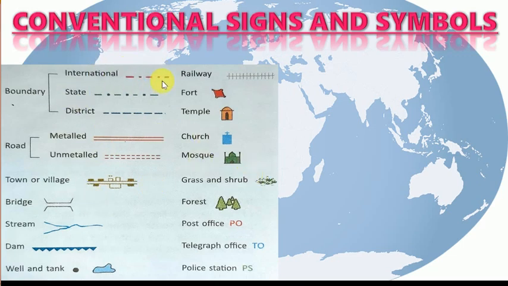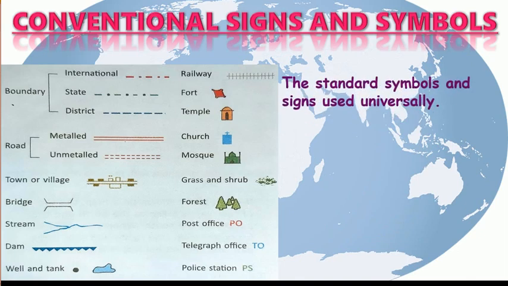This one is for international boundary, the state boundary, district boundary, a road, metalled and unmetalled road, town or a village, bridge, stream, dam, well and tank, railway, fort, temple, church, mosque, grass and shrub, forest, post office, telegraph office, and police station.